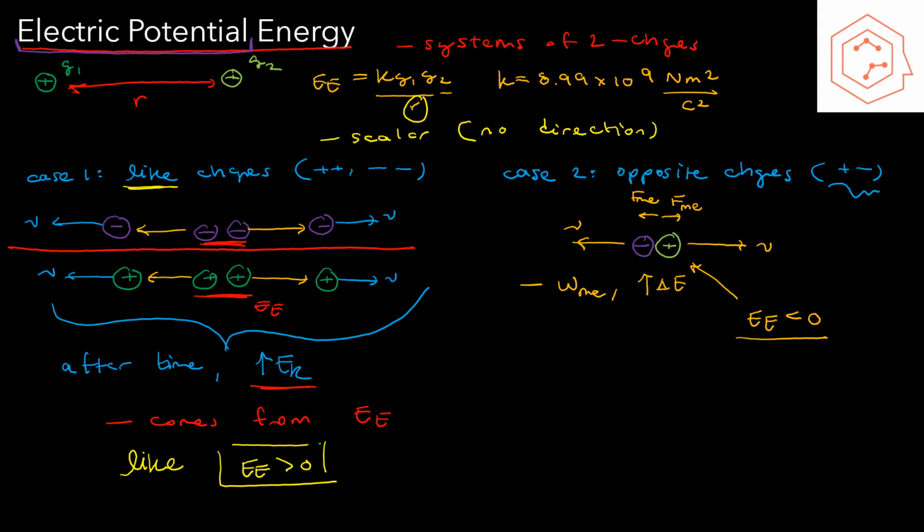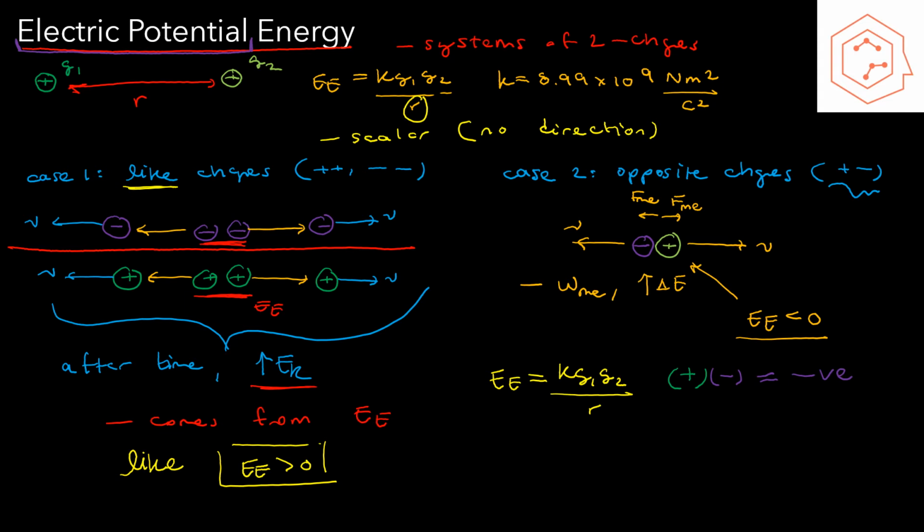And if you don't want to memorize this, if you look at the equation, then if both charges are opposite, so positive and negative, then multiplying these together, you will get a negative answer.